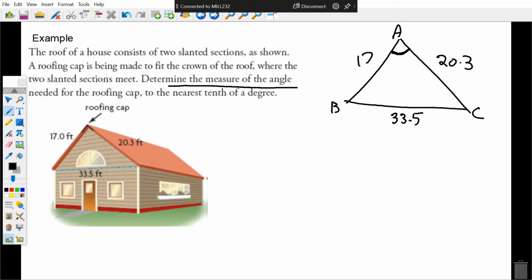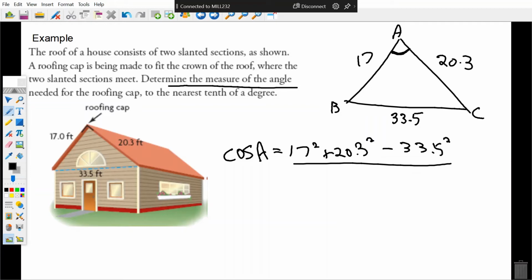Okay. So whenever we know all three sides, that means we're going to be using the cosine law. So in this case, it would be cos of A equals 17 squared plus 20.3 squared minus 33.5 squared divided by 2 times 17 times 20.3.